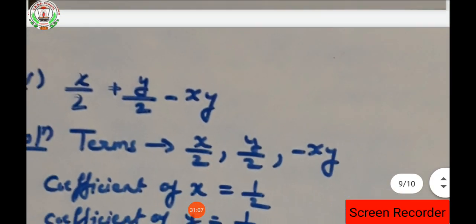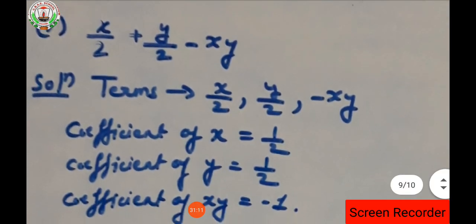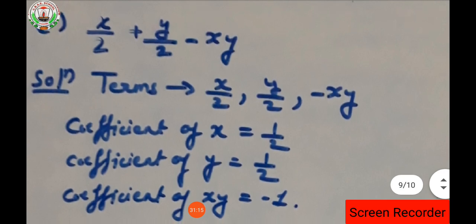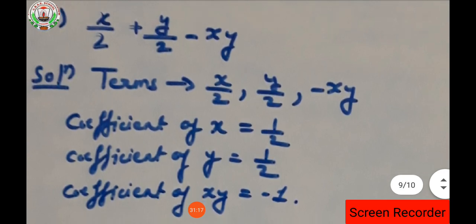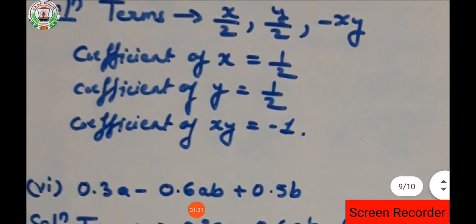Clear? Next one, fifth part. It is in the form of division: x upon 2 plus y upon 2 minus xy. So how many terms are there? 3 terms are there: x by 2 comma y by 2 comma minus xy. Now the coefficient of x is 1 by 2, the coefficient of y is 1 by 2, and the coefficient of xy is minus 1.